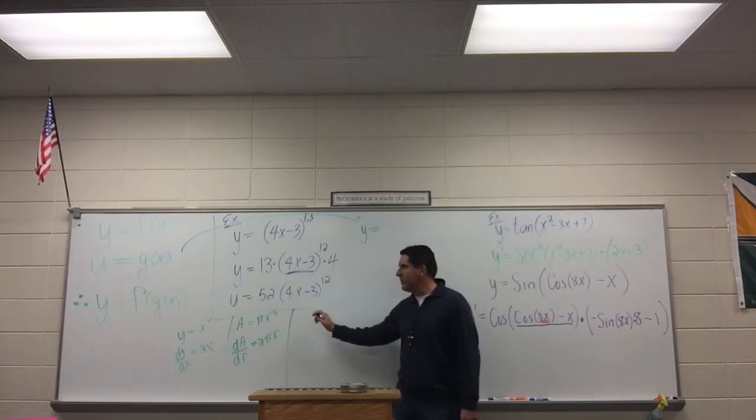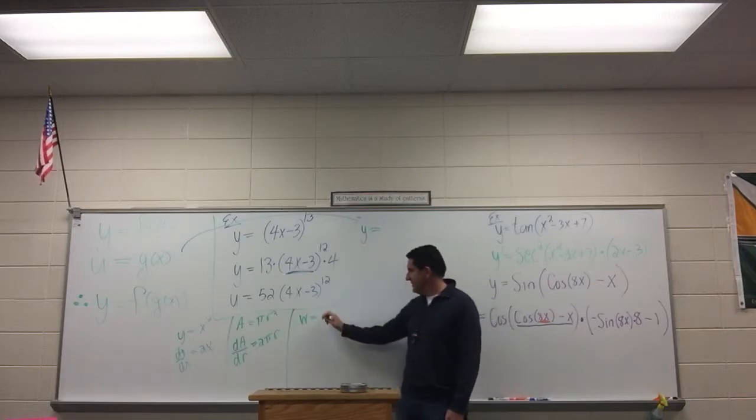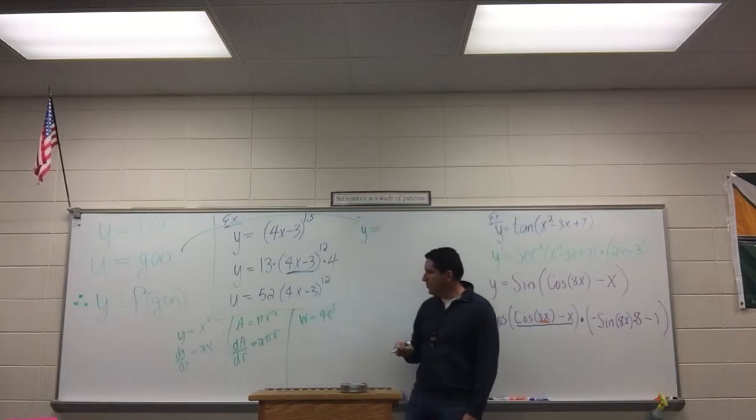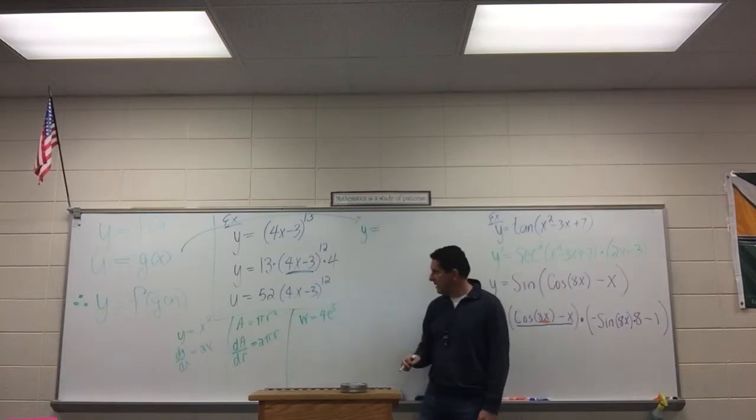All right, so I'll give you another one. W is equal to 4t cubed. Okay.